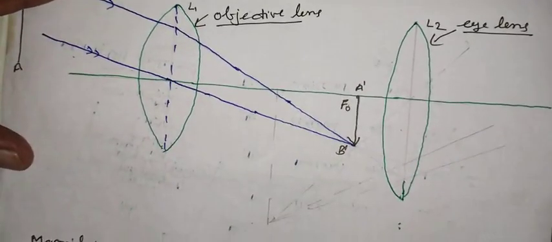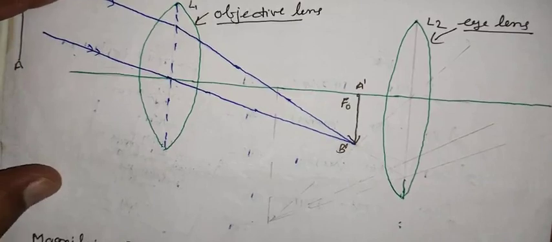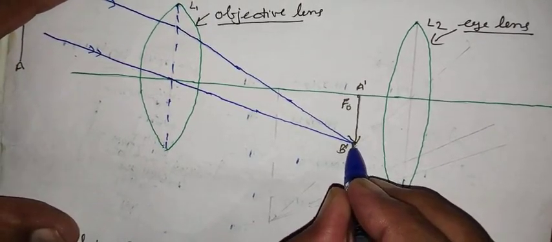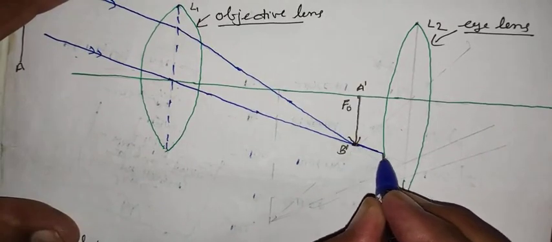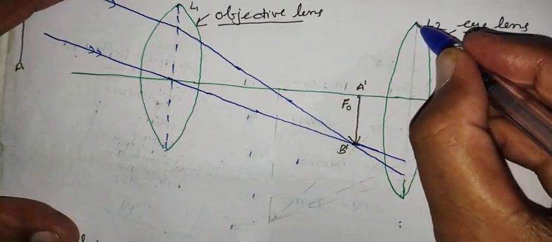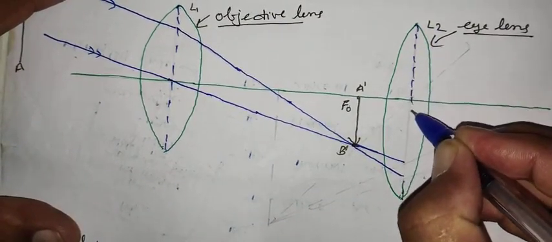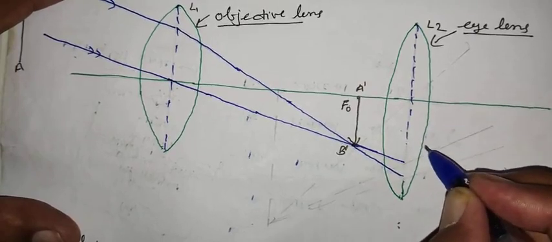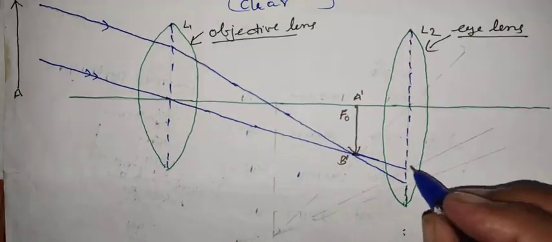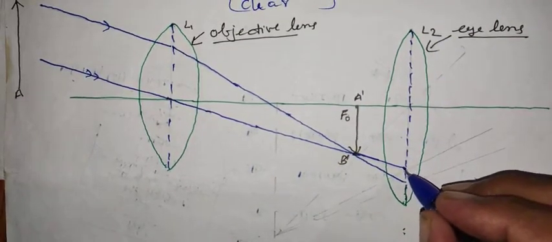See here in the diagram, when the ray of light falls on the eye lens, it is refracted.